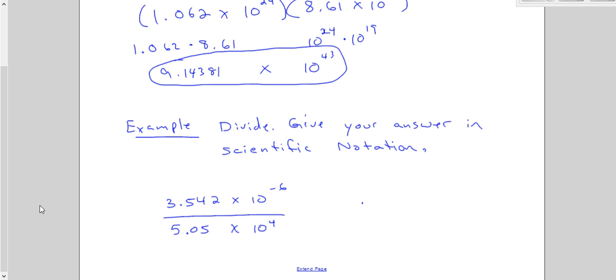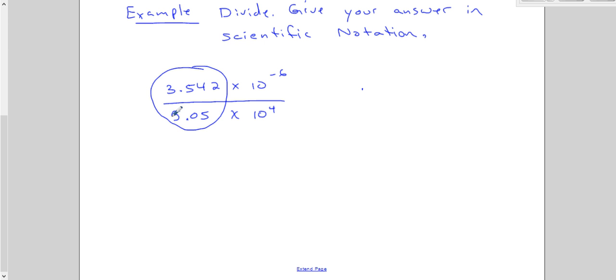And now let's look at this example where we have to divide. Okay, I am going to, again, think about my decimal values, and I'm going to divide them. When I divide these, I get 0.7014.